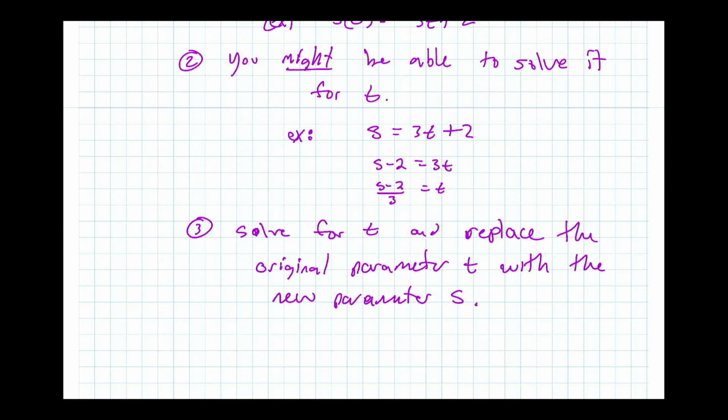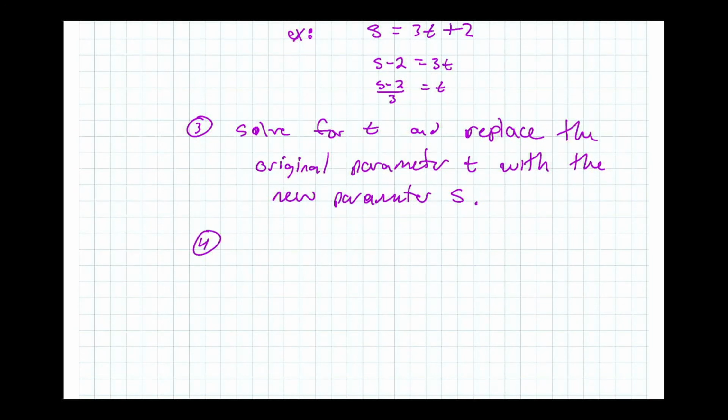Okay, you don't just change all the t's to s's. And then the result has the property that the parameter is the arc length.